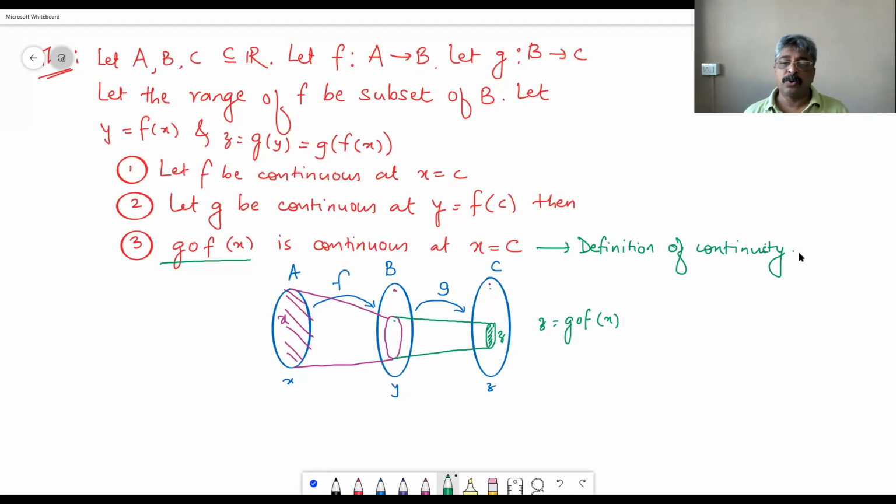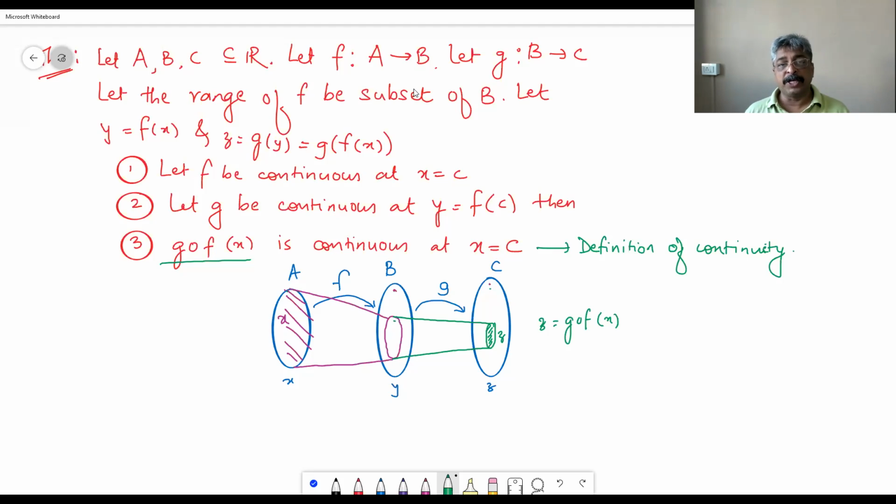So think about how you satisfy the definition of continuity for g o f. What is given? f is continuous, g is continuous. These are the two functions, independently continuous. Then g o f is supposed to be continuous. With this theorem, whatever composition we do in everyday life, we get permission to state its continuity.